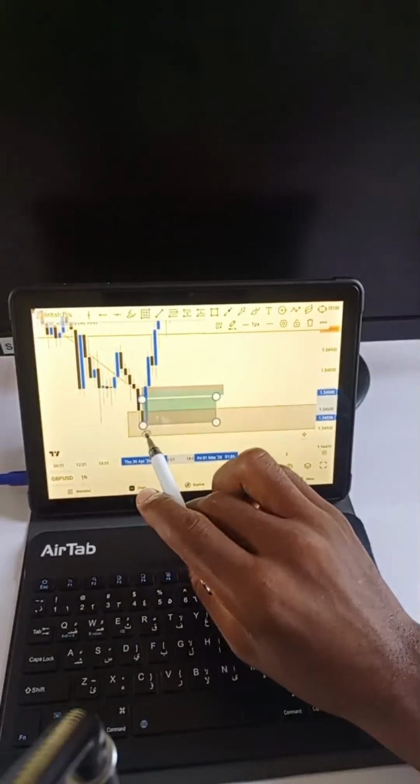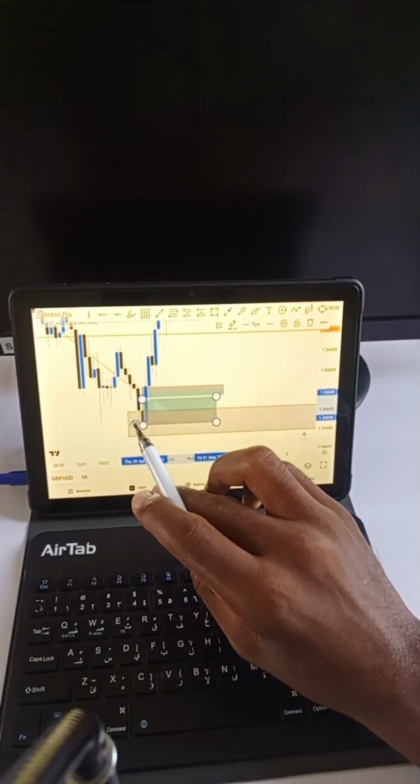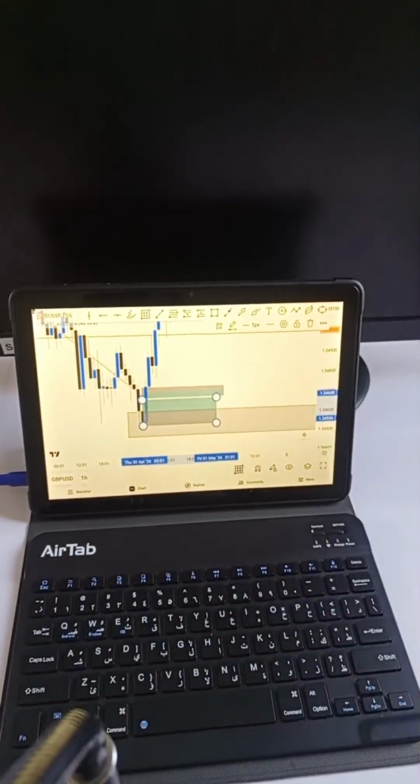This last black candle, including the wick and everything, that's what we call an order block. If you want to know how to trade fair value gaps and order blocks, I don't trade that, okay? You can go ahead and do your research. We are not here for a fair value gap and order block class, but this is it.